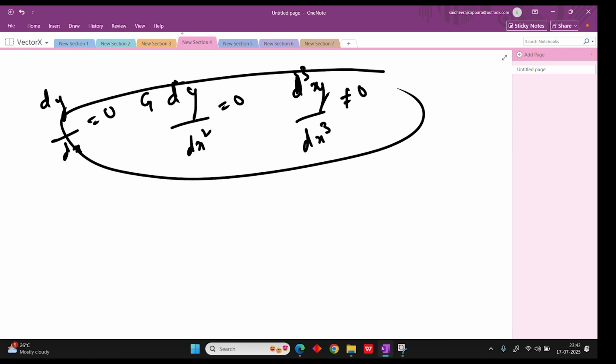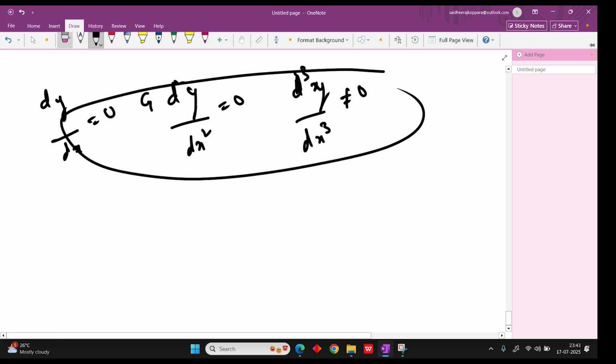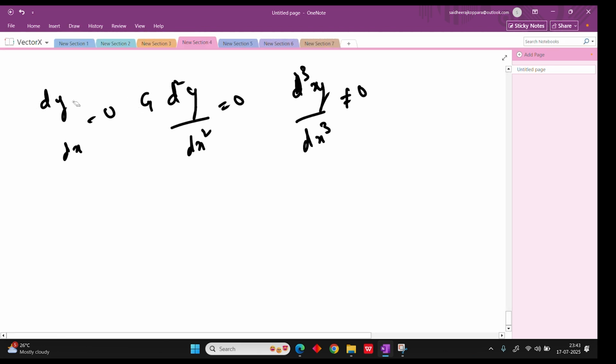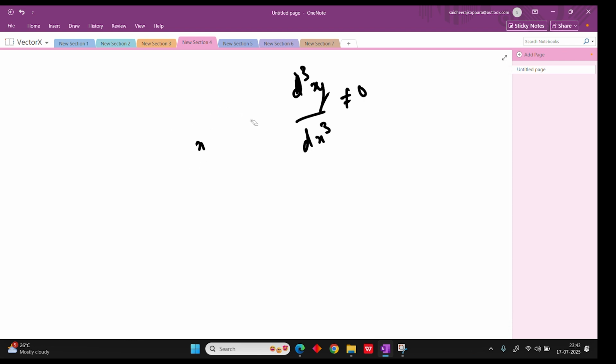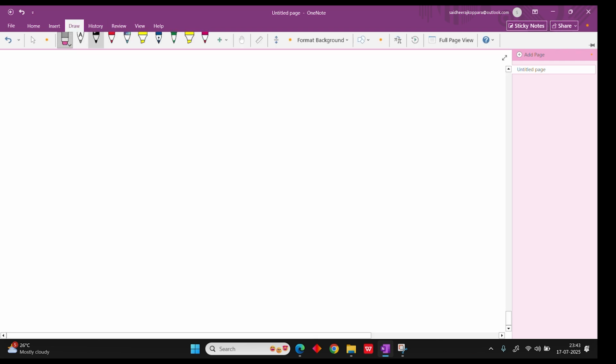This is what your point of inflection is. It's actually dependent on concavity, I guess, whether the graph is convex or concave. I don't know, but that's the brief idea I can give you about the point of inflection right now.